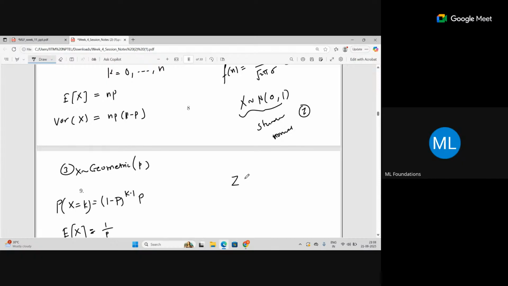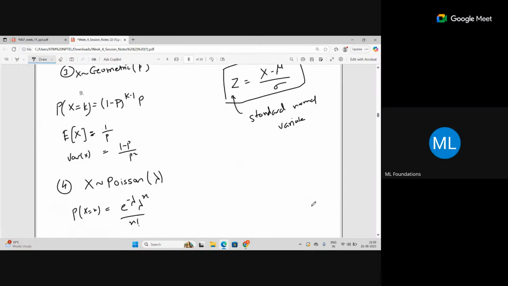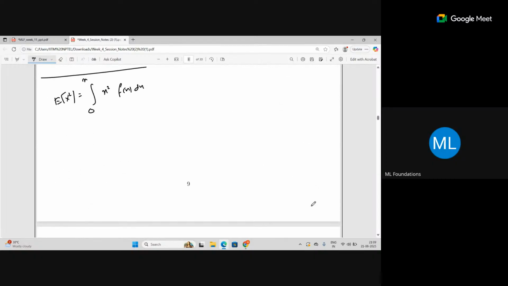This Z is called the standard normal variate. And to find these probabilities, we can use the CDF, that is the cumulative distribution function.